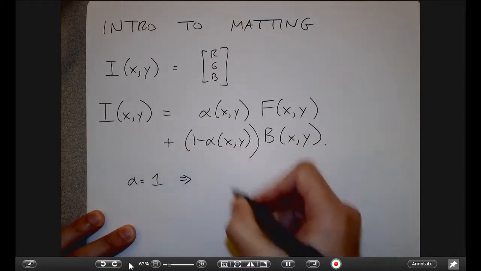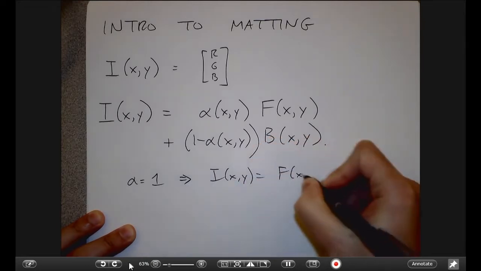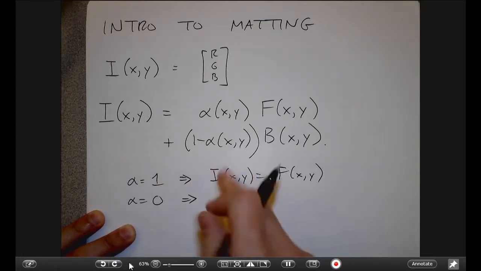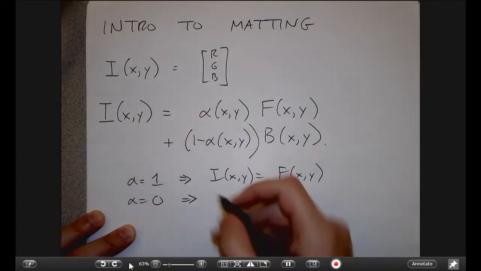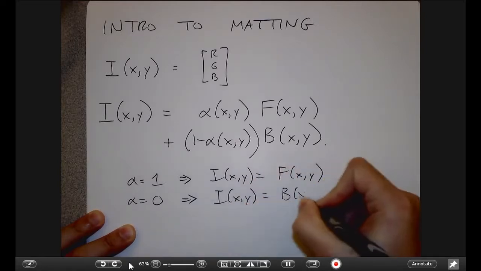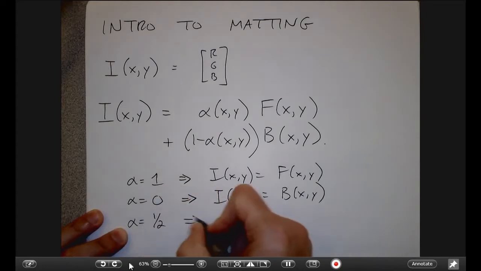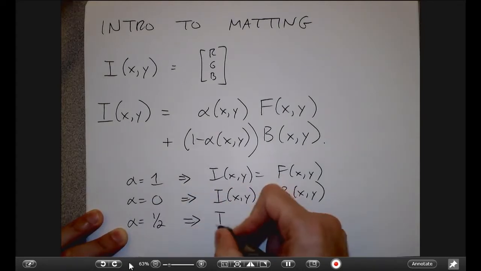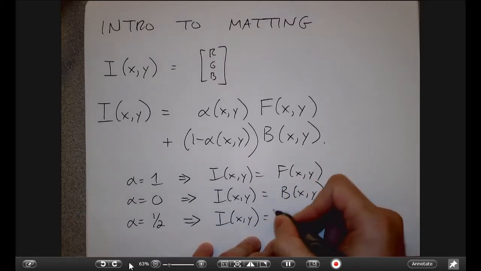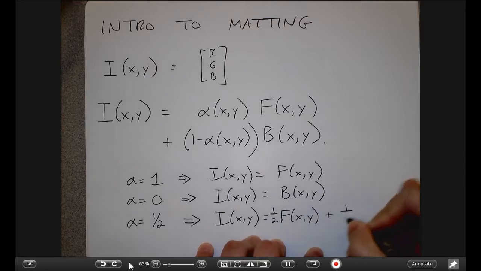The pixel value is just the foreground. When alpha equals 0, this term zeroes out and the other term becomes 1, so I get the background. And when alpha is like 1/2, that means I have a halfway mixture: 1/2 F of x,y plus 1/2 B of x,y.